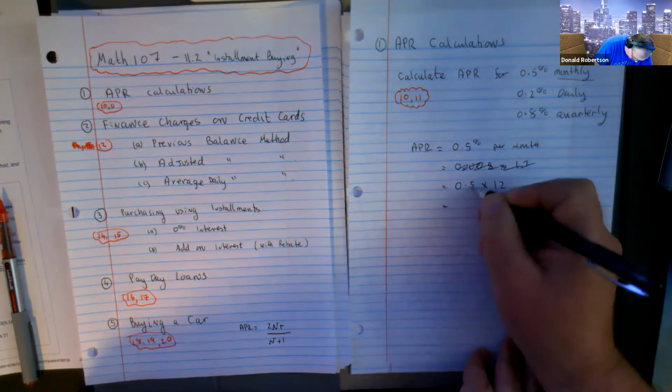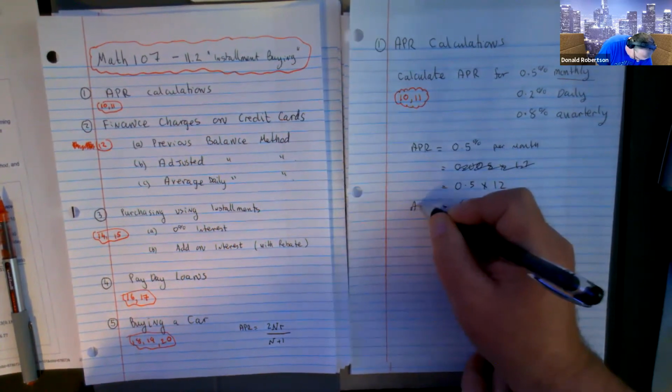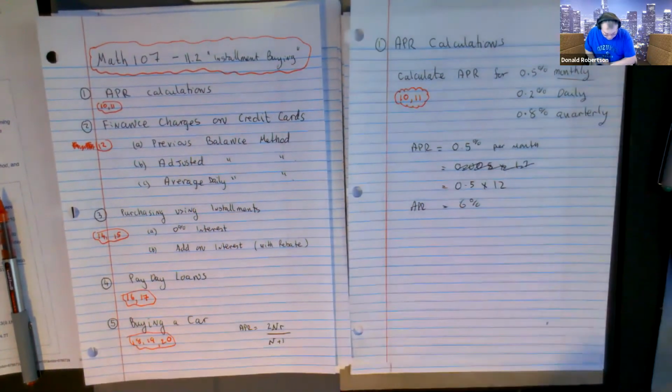It's already a percentage, I don't need to undo it. And this guy ends up being what, 6%? So if you are paying off something and the monthly rate is 0.5%, then the annual percentage rate is 6%. In other words, you're paying 6% a year. That kind of makes sense, right? 0.5% times 12 times, you got it.